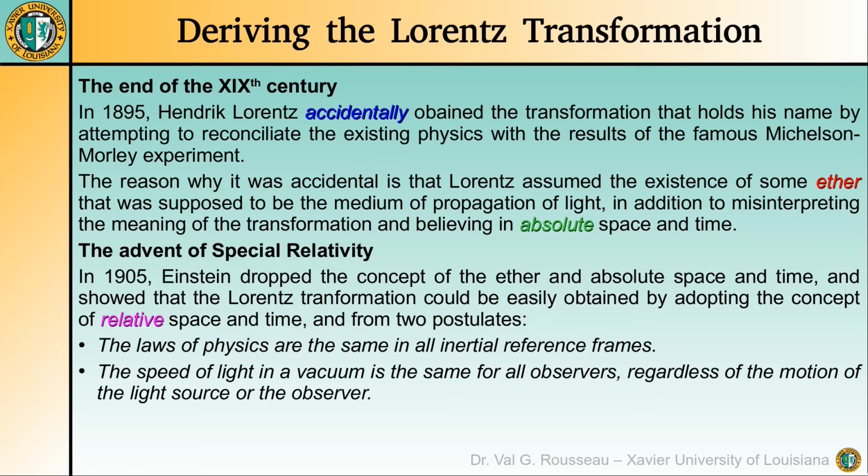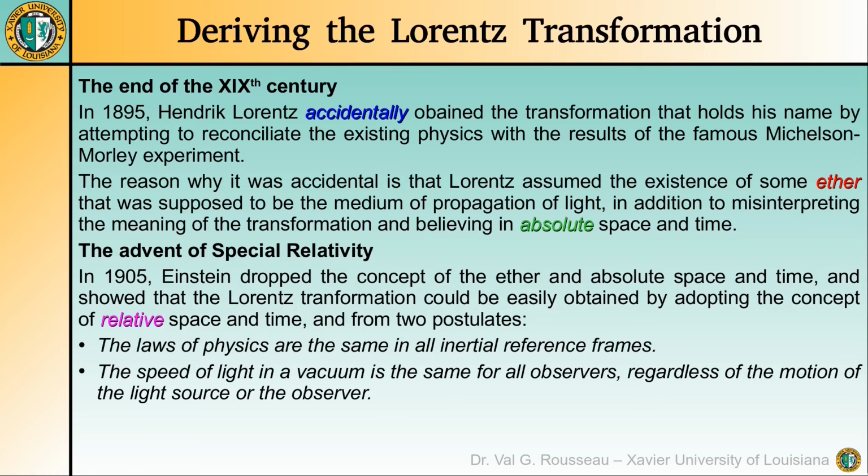The reason is that in 1895, 10 years before Einstein's relativity, Hendrik Lorentz accidentally obtained the transformation that holds his name when he was trying to reconcile classical physics with the results of the Michelson-Morley experiment.